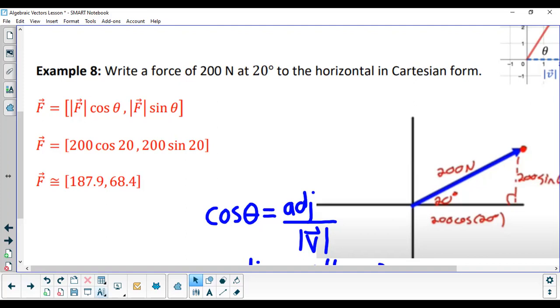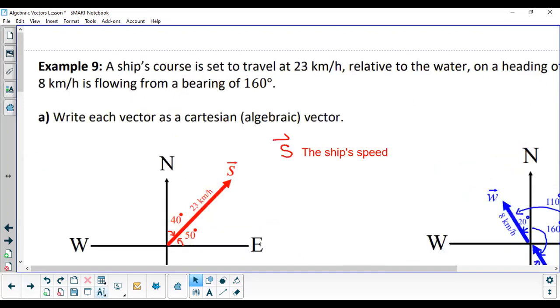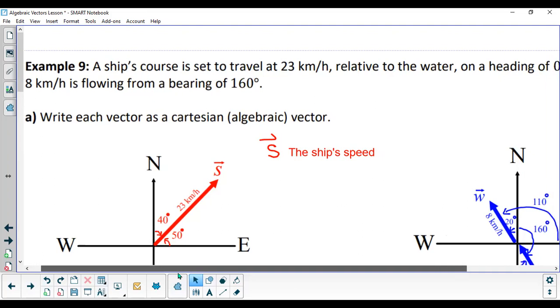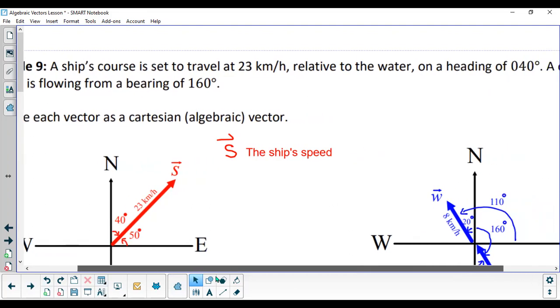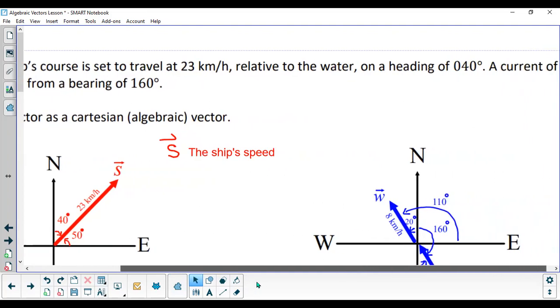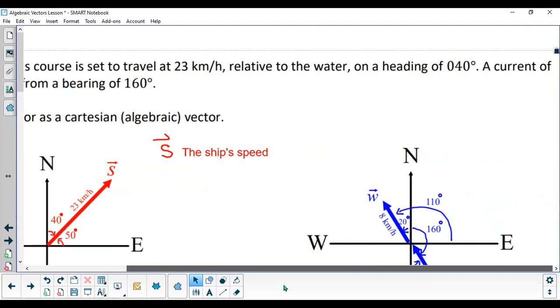So you don't have to write out the whole question, but please try to draw the diagram so you're not getting lost with what I'm doing and you're understanding what I'm doing. So I have two sets of vectors in this question. A ship's course is set to travel at 23 kilometers per hour relative to the water on a heading of 40 degrees.